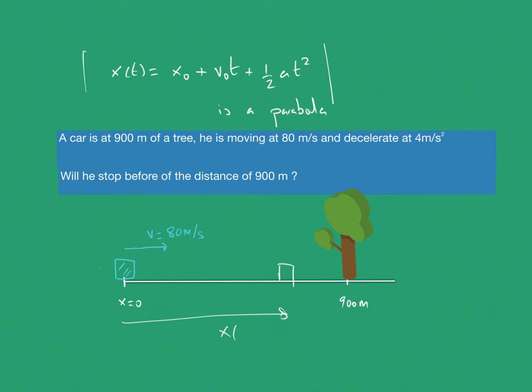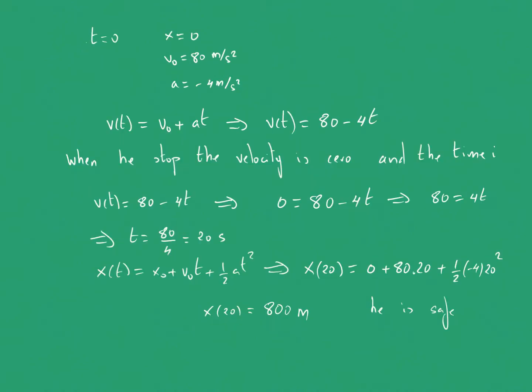Let's calculate. The condition is like this. At t equals 0, we put the initial condition, and x equals 0. The car is at the position x equals 0. His initial velocity is 8 meters per second, and his acceleration is minus 4 meters per second squared.